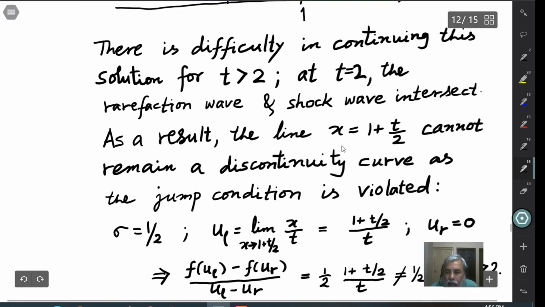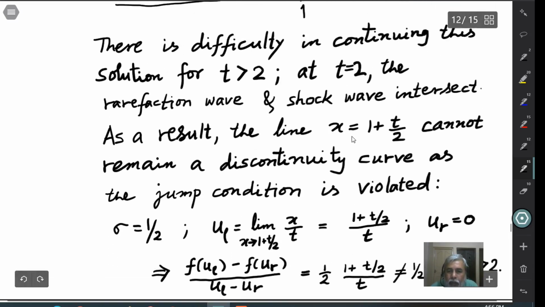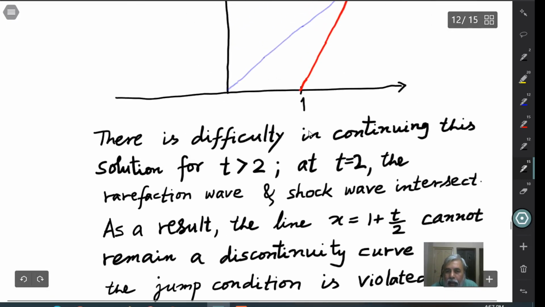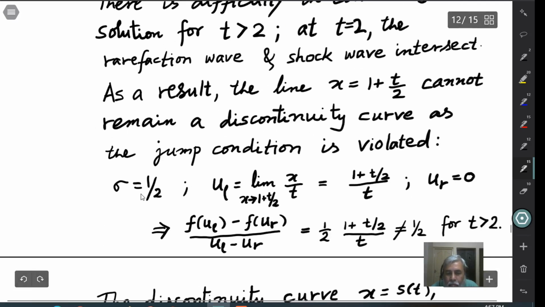So why is it violating the jump condition? That's a simple computation here. In case this line has to be continued as a line of discontinuity, its speed will be half, but if we take the left limit, that will be 1 plus t by 2 by t, and the right limit is 0. And if you calculate this ratio, again f is Burgers' equation here, so it's half u square, we get that this ratio is not half for t bigger than 2.